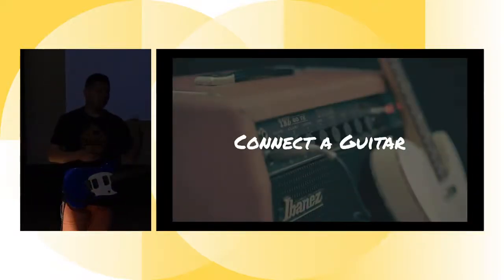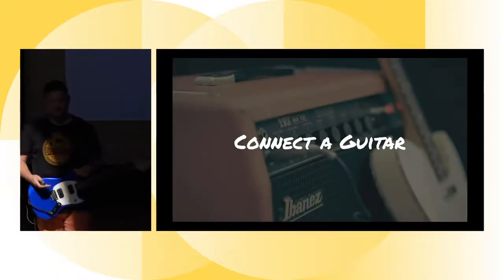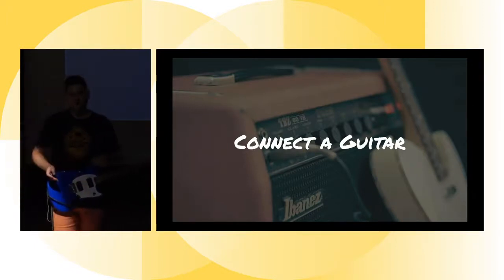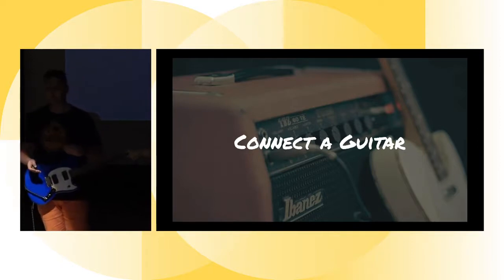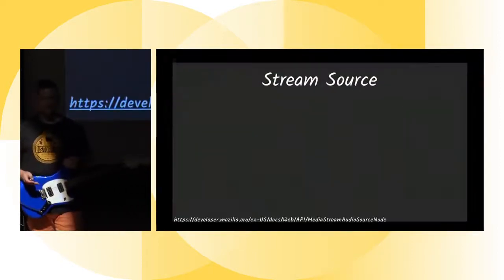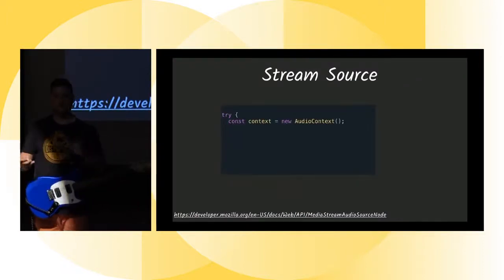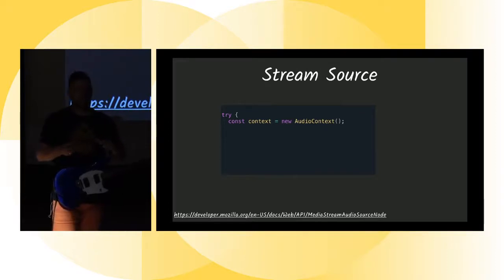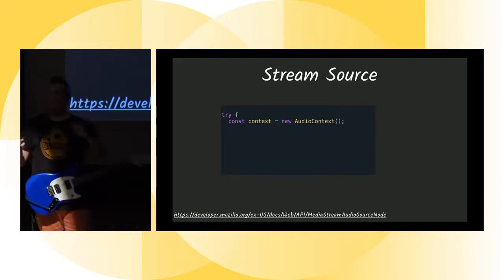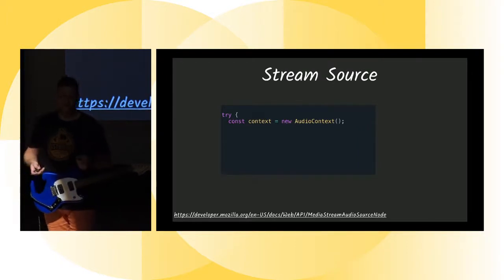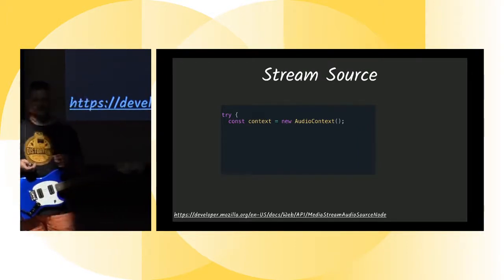So how can we actually connect an instrument? This could be applied to any instrument, actually, that could be connected to an audio card. But in my case, it's a guitar. First of all, we need to create an audio context. Audio context is the main object that allows you to create new nodes, connect them, and send them to some destination. So we create this context.